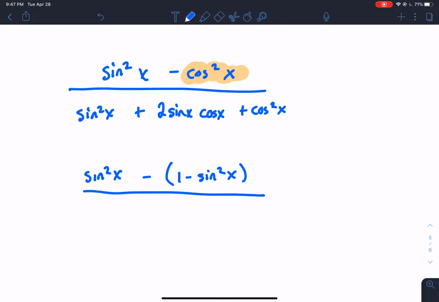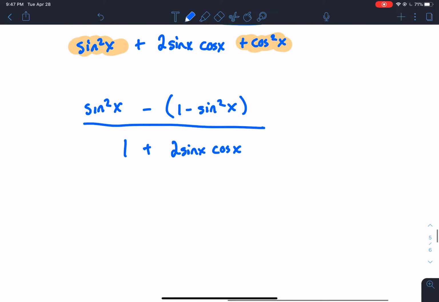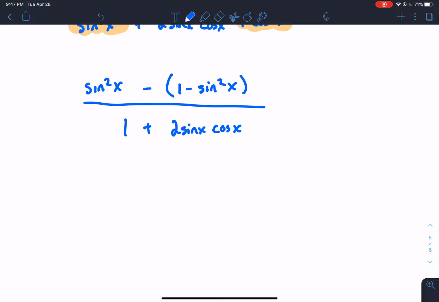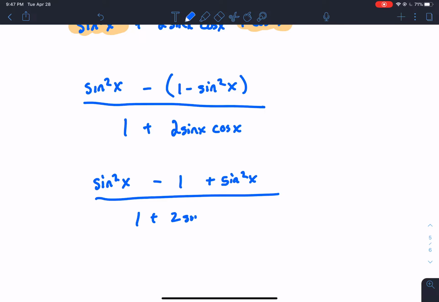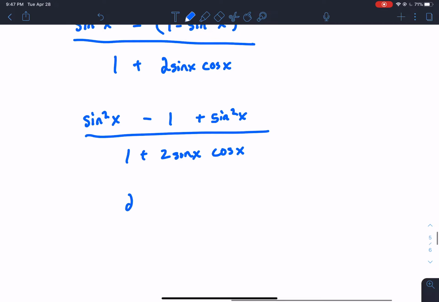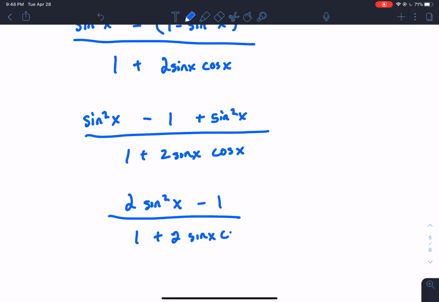And then on the bottom, you can put sine squared and cosine squared together to give you 1. Okay, so now you have your denominator. And now if you distribute your negative here in the top, you got sine squared minus 1 plus sine squared. And then if you combine your like terms, now you got 2 sine squared minus 1 over 1 plus 2 sine cosine.